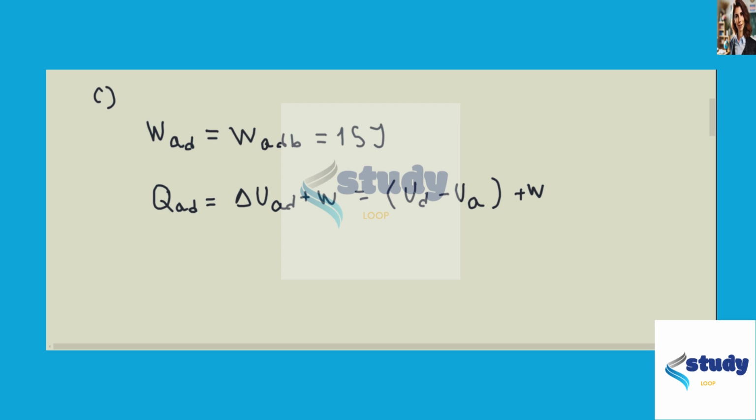So here we know that this will be 0, and we can substitute this to be, we know this is 15 joules, and we know that this is going to be 8 joules. So this is going to be 15 joules plus 8 joules.